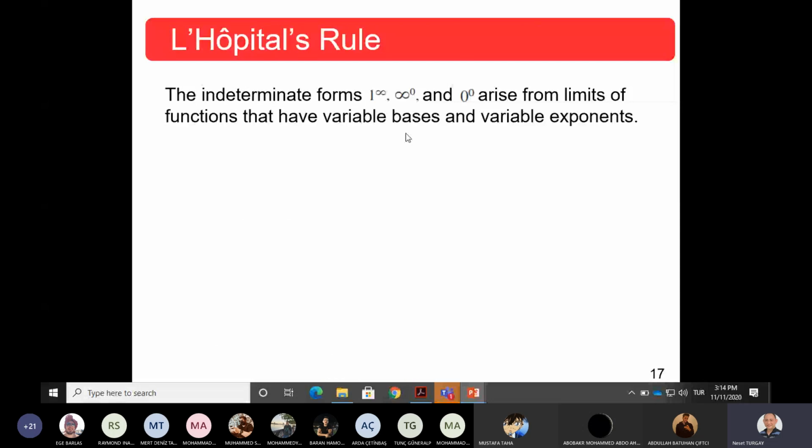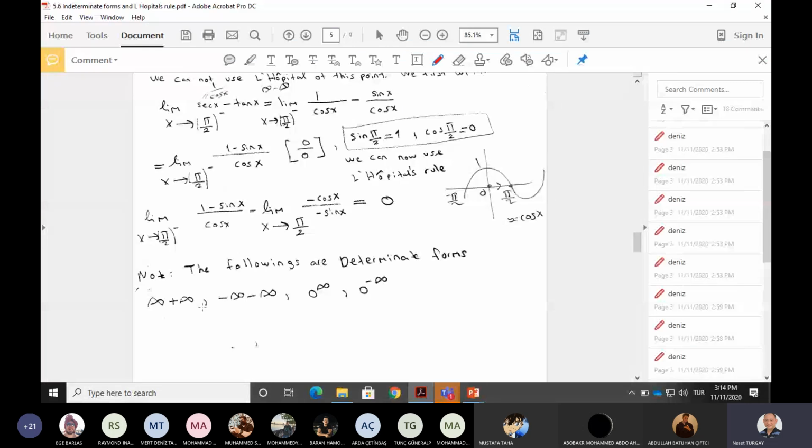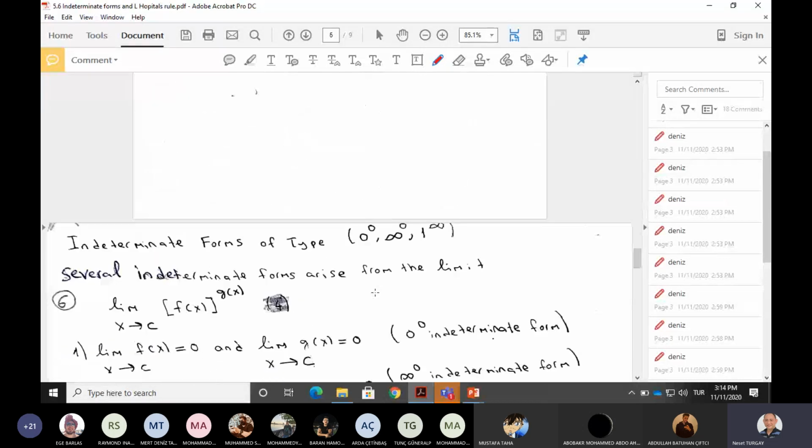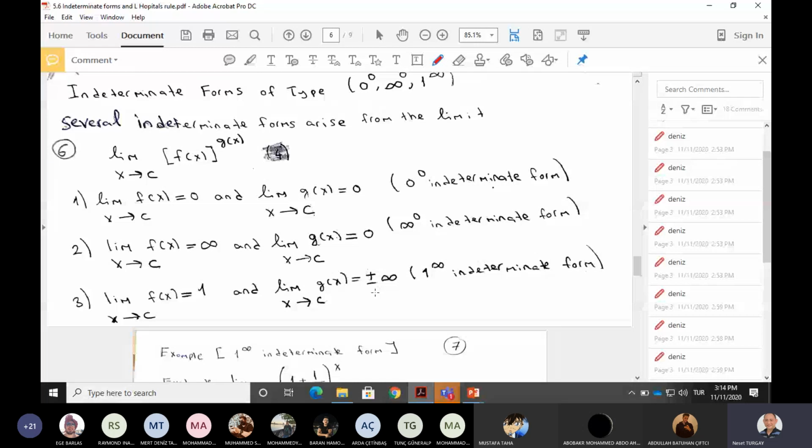Okay, I will stop here and go back to the PDF. See, again, I am telling you that these are indeterminate forms. I just told you this in the PowerPoint. Now, we have some other situations. We have 3 more cases. Let's have some idea. Let's say they ask you a question like f of x to the power g of x is given and x goes to c.